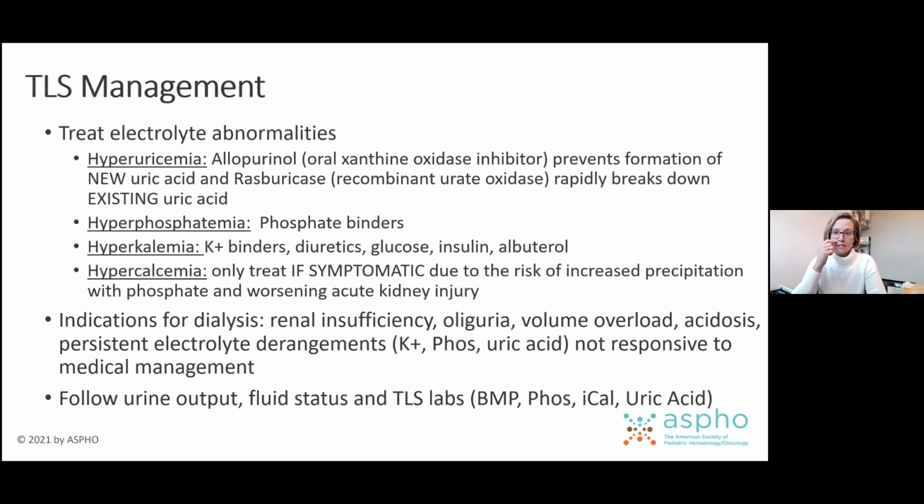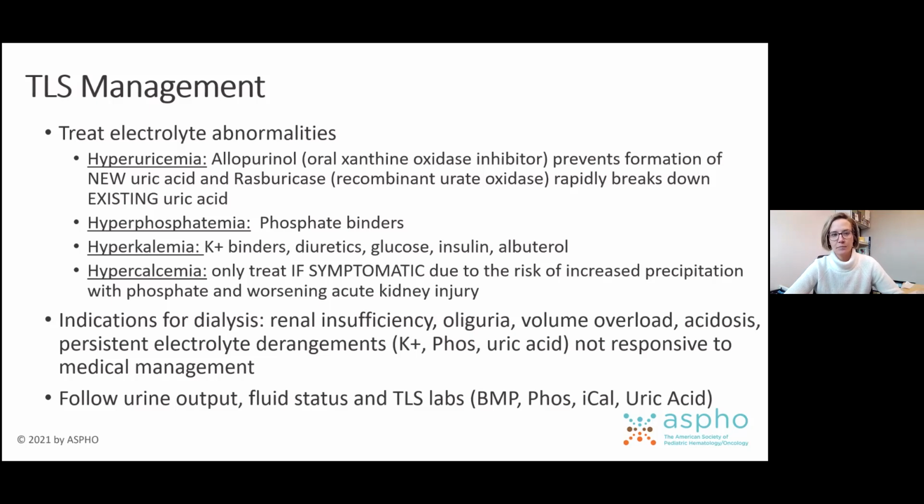And then in general, in addition to increasing hydration and maintaining good fluid status, the treatment is supportive for all of the electrolyte abnormalities. For hyperuricemia, we use allopurinol to prevent formation of new uric acid, and rasburicase, which is the recombinant urate oxidase enzyme, which rapidly breaks down existing uric acid. Hyperphosphatemia, we can treat with phosphate binders.